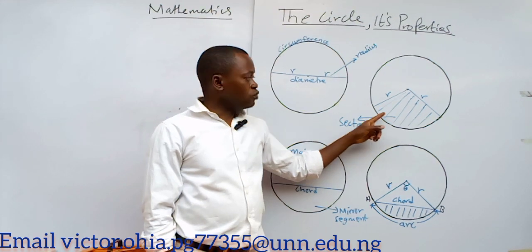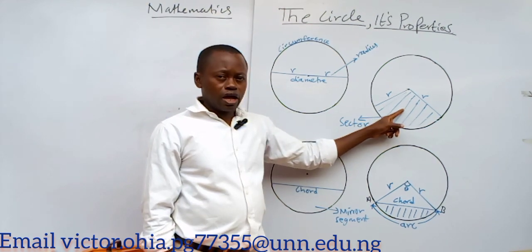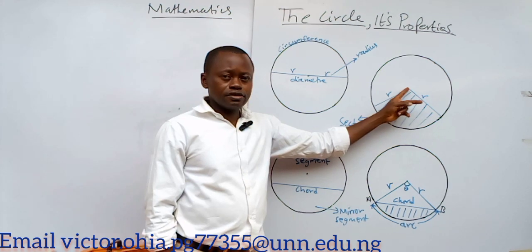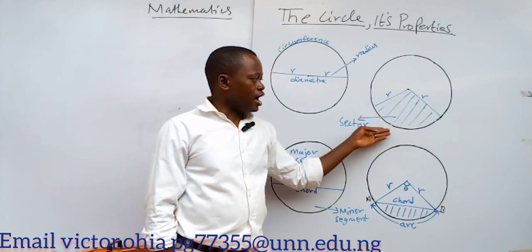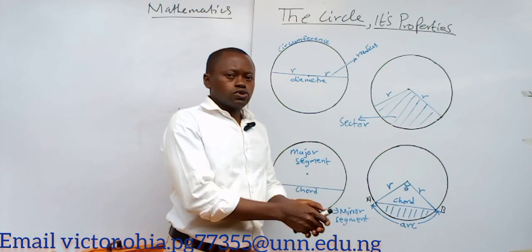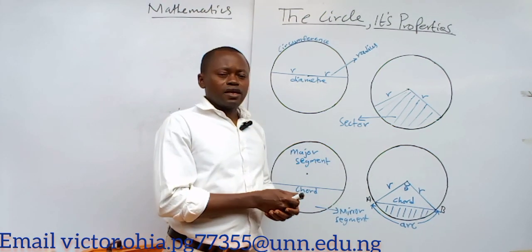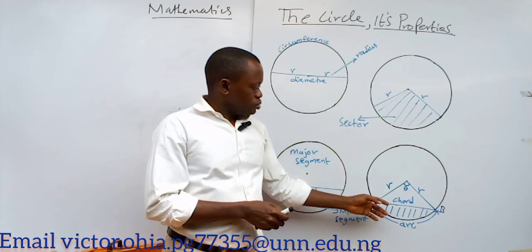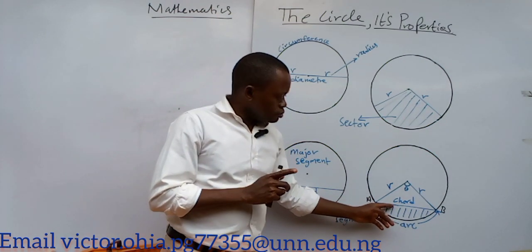That's to say, if I want to calculate the perimeter of this sector, I have two radii and an arc. I will calculate the length of the arc and then add the two radii.